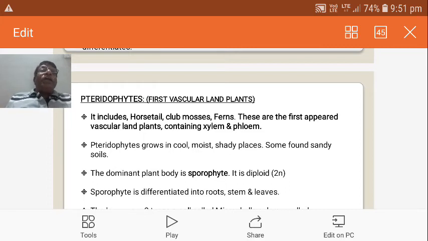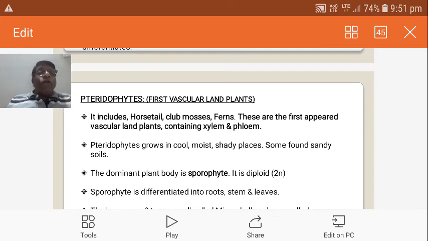It is diploid. The plant body contains two sets of chromosomes, n plus n. Okay, it is another important character.